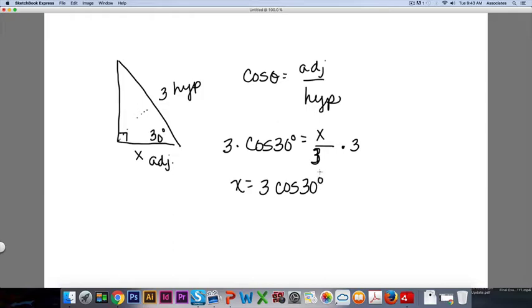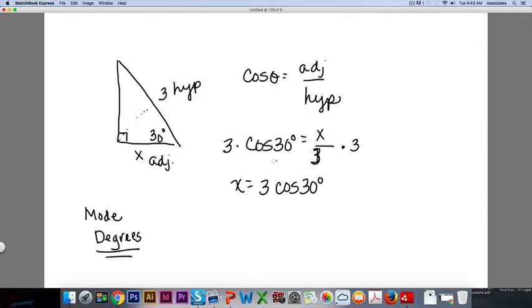Now you're going to go to your calculator. There are a couple of things you need to make sure of. First, make sure the mode is in degrees. Calculators have the ability to do radians and gradients, but we don't want that. Our problem has degrees, so we want to make sure it's in degrees.